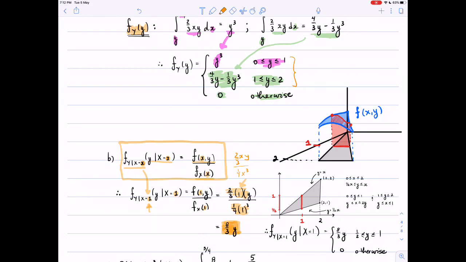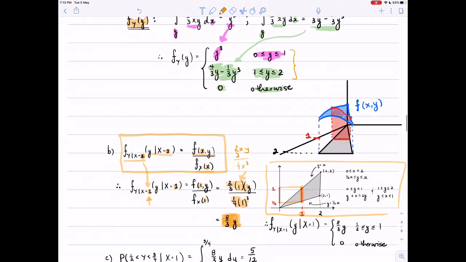Here is the support that we had before. We're restricting ourselves to x equals 1. So x equals 1 is here. Incidentally, when x is equal to 1, the y values vary between 1/2 and 1.